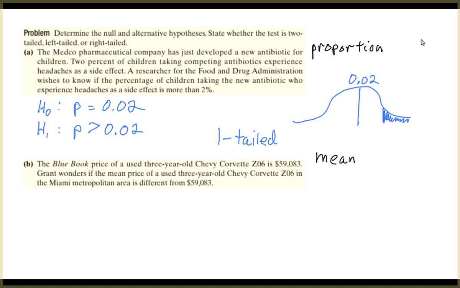So we're talking about an average here. So what would our null be? That no, the average really is this, just like Kelley Blue Book said. We're really talking about an average of a little over $59,000. This example is several years old, so it's a lot more than that now.